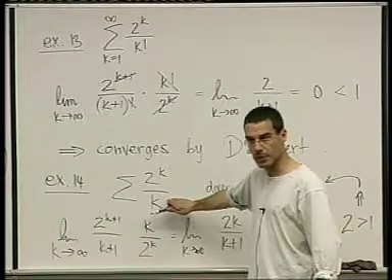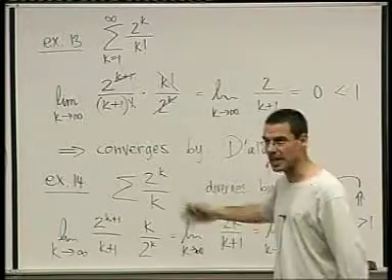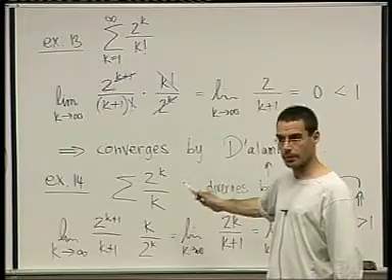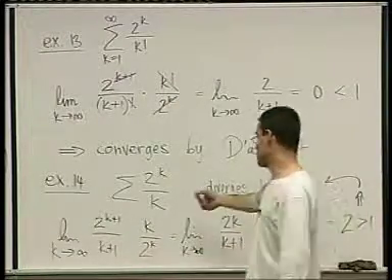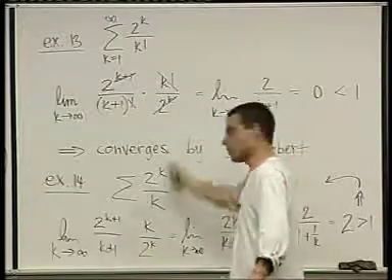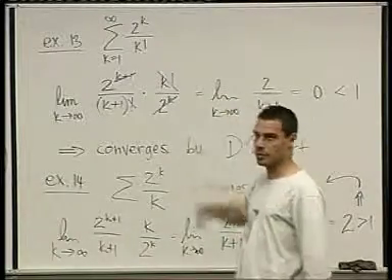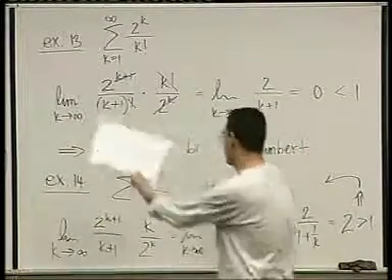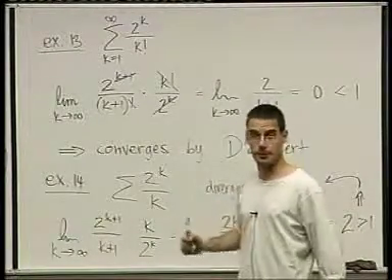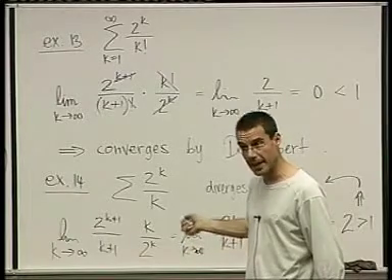Do you see that? This thing didn't even stand a chance to start with. We didn't really need this ratio test. We could have right away said, hey, this sequence doesn't go to 0, this diverges automatically. By the most basic reason. Okay? Do you see that?